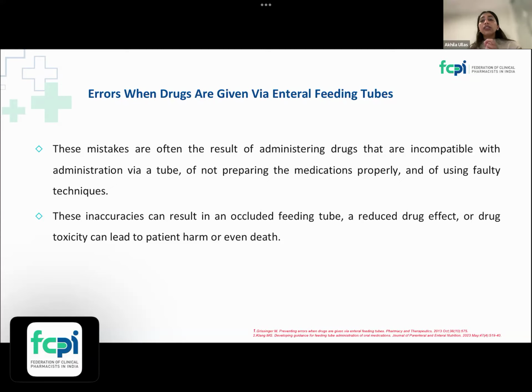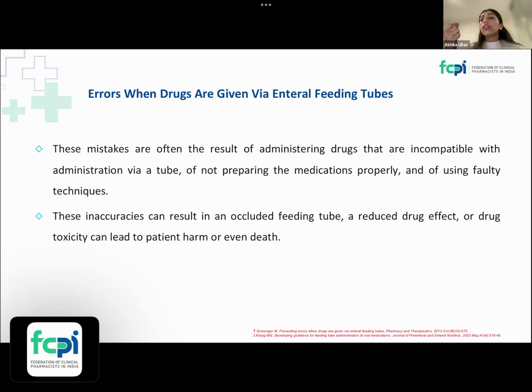You need to ensure you are using the correct RT tube, the size of the tube, and whether the insertion is done properly. After inserting the RT tube through the nose, you need to take an X-ray to check whether the tube is in the lungs or in the gastric tract.